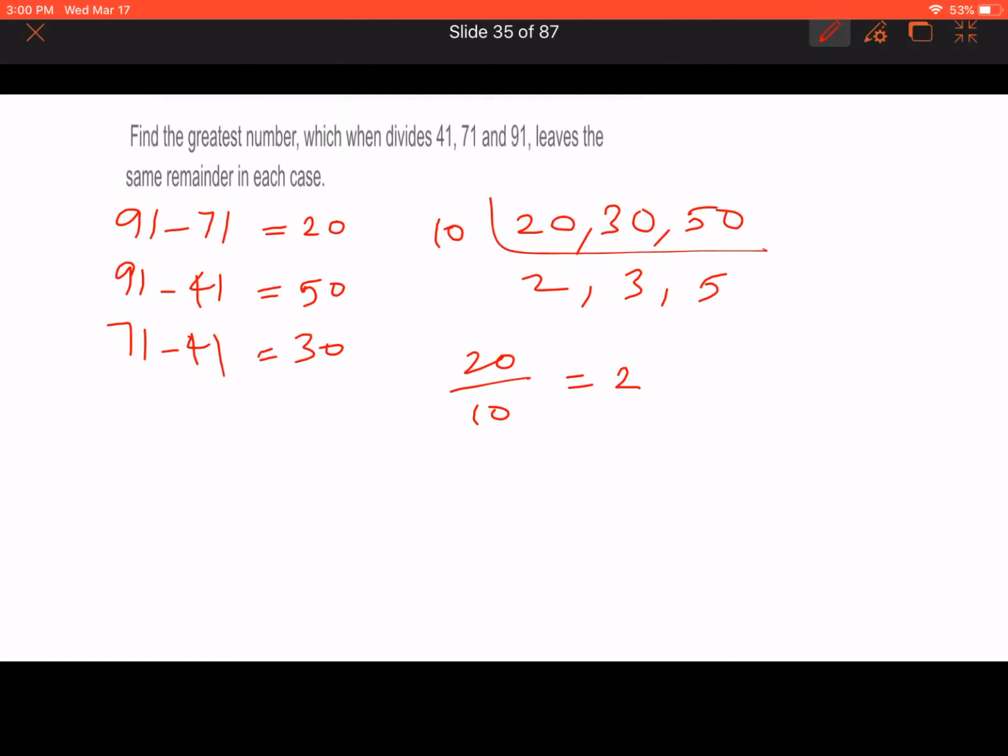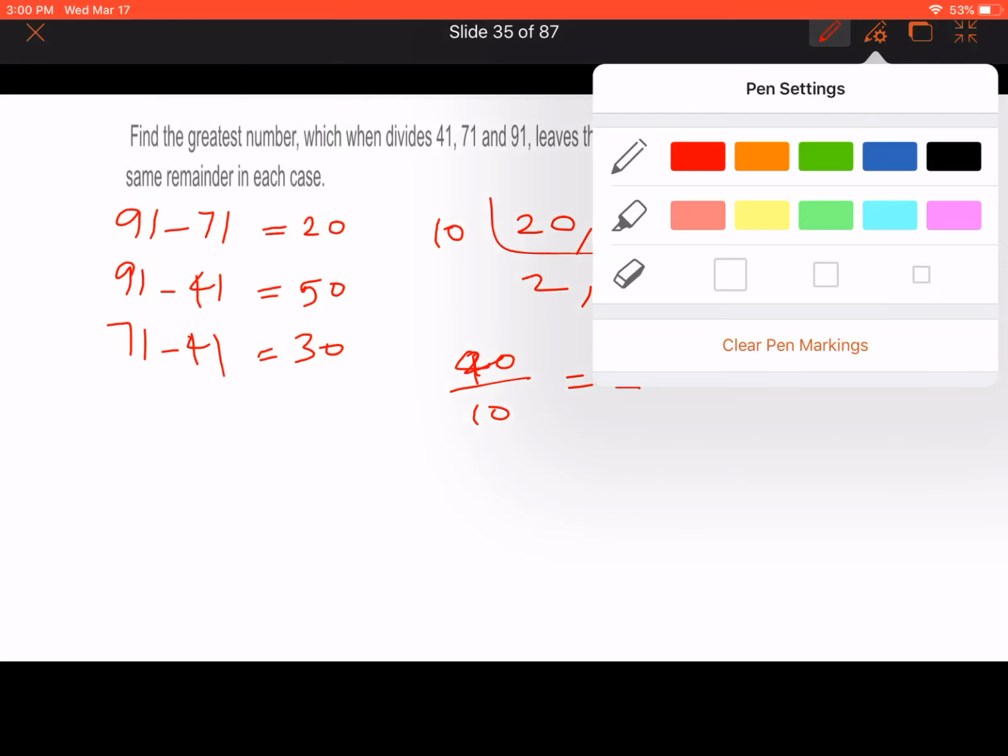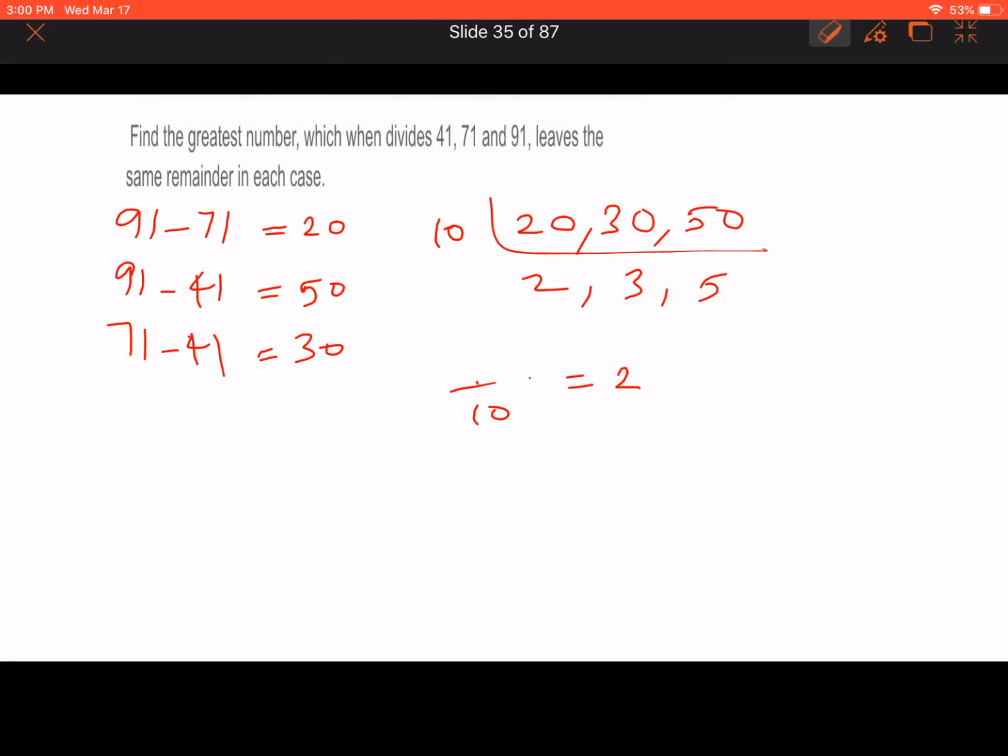We have to take the numbers as given. 41 divided by 10 will be 4 times remainder 1, and 71 divided by 10 will be 7 times remainder 1, and 91 divided by 10, 9 times remainder 1.